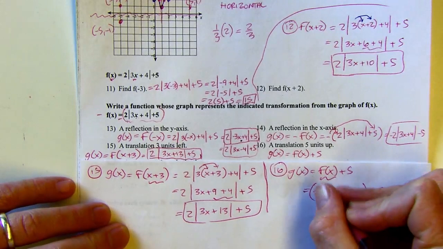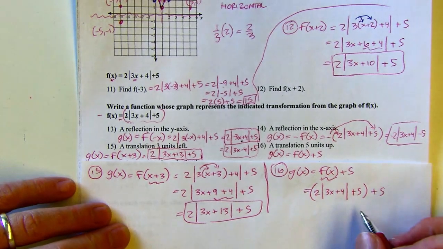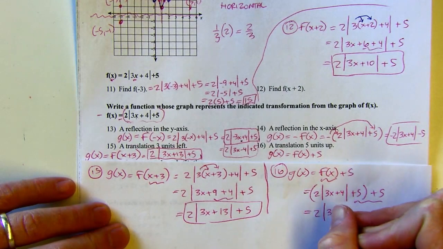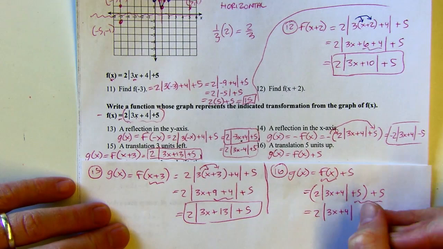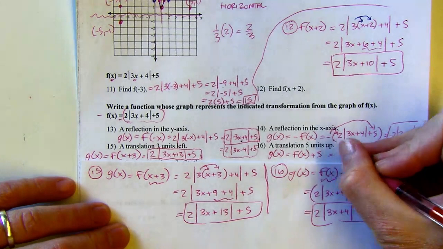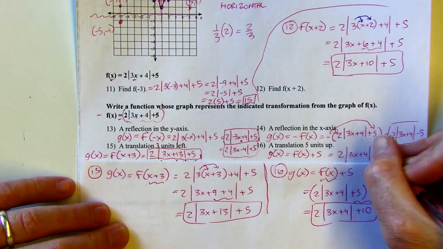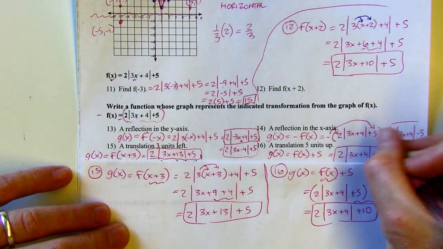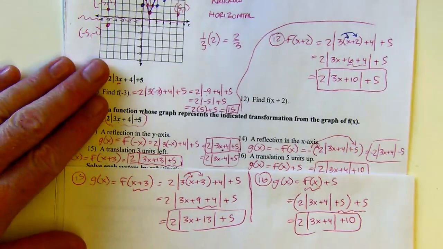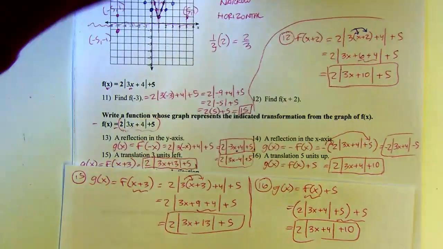Okay, and then when I simplify this, all I can really do is combine those two 5s into 10. And there's my solution. Okay, and I'll rewrite that up here for posterity.